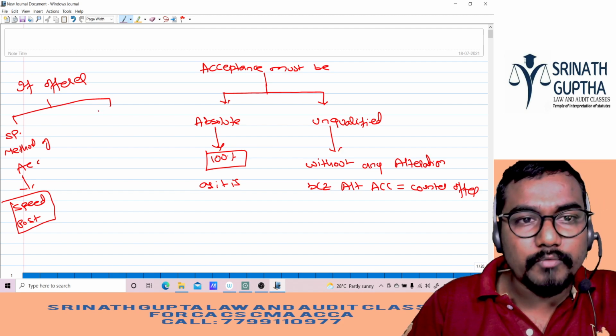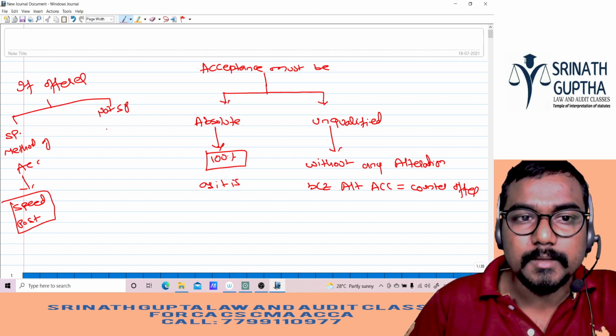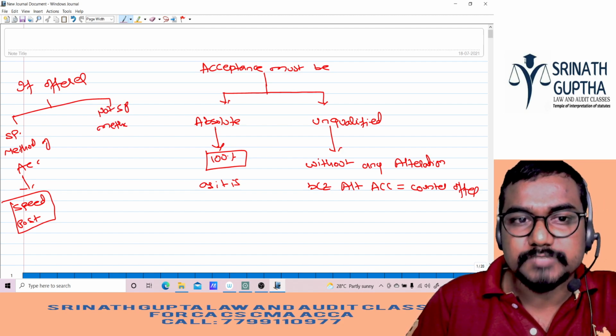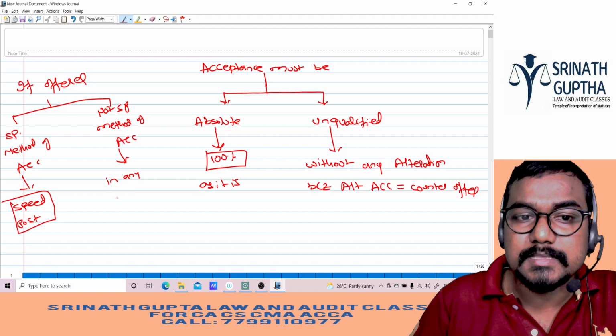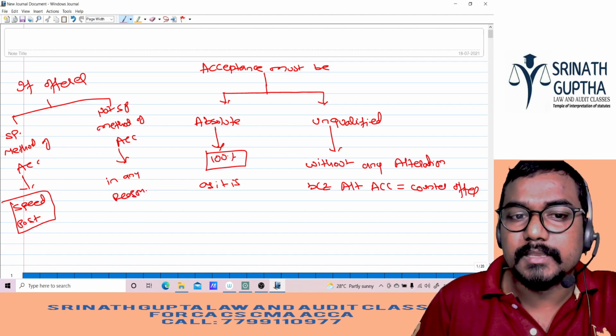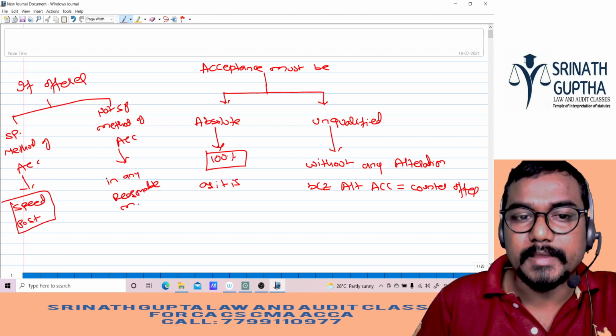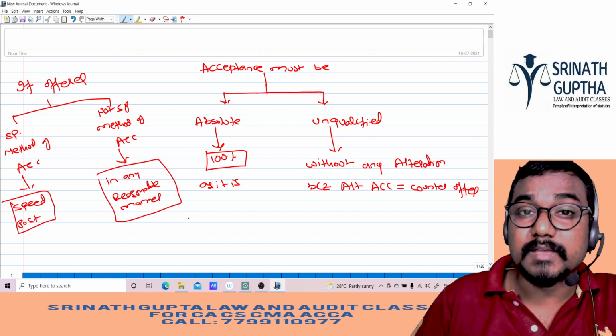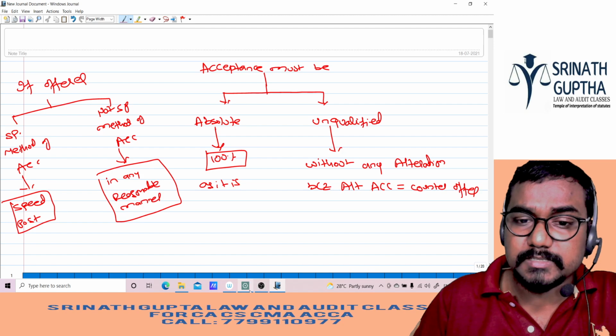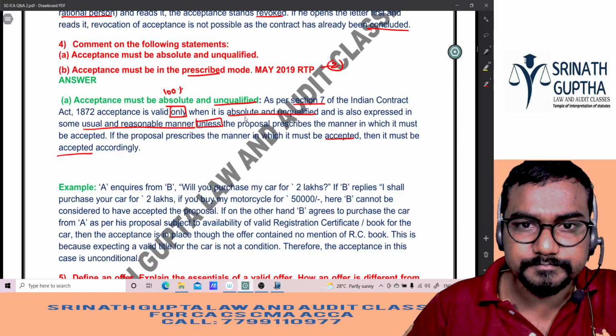If the offerer does not specify the method of acceptance, it can be accepted in any reasonable manner. Which manner, beta? In any reasonable manner. This is the second question, beta: if the offerer specifies a manner, it must be followed; if not specified, any reasonable manner. See here.